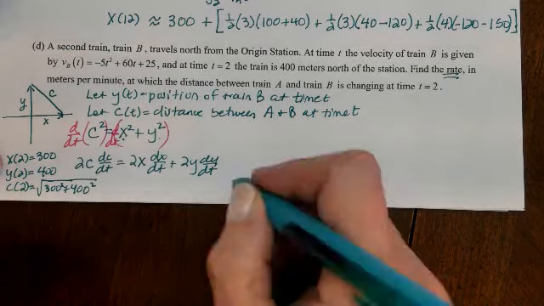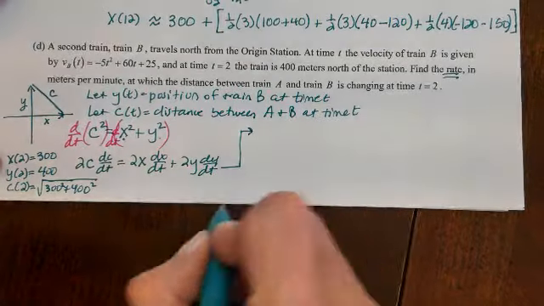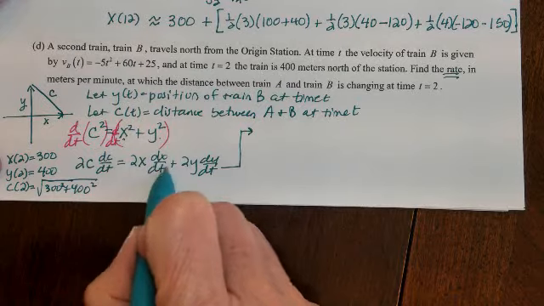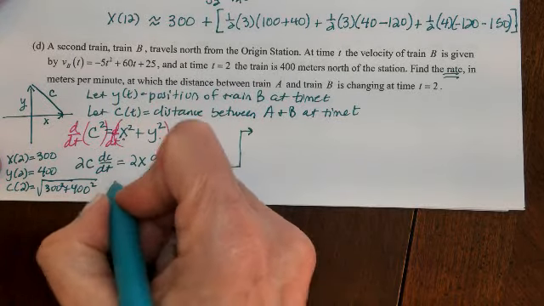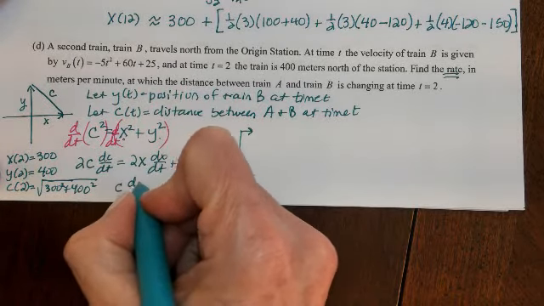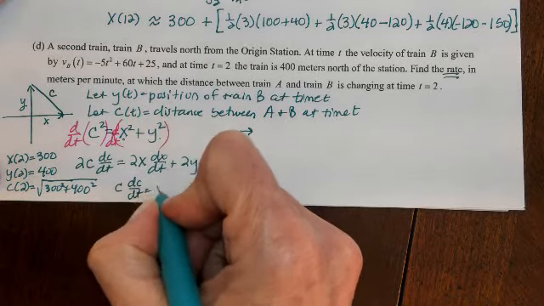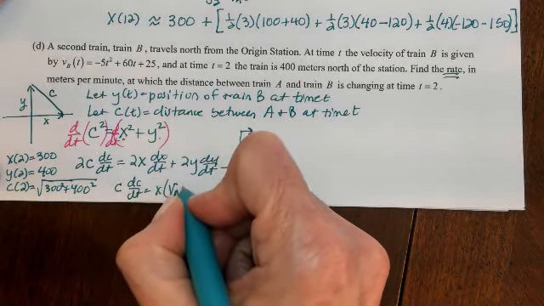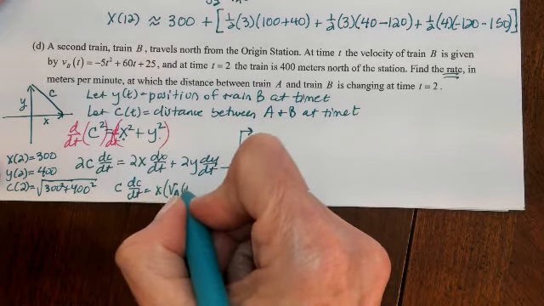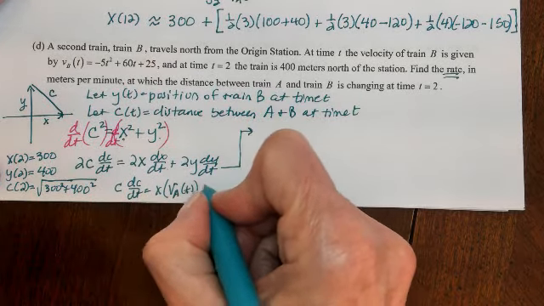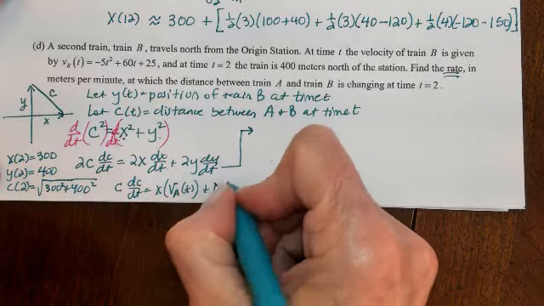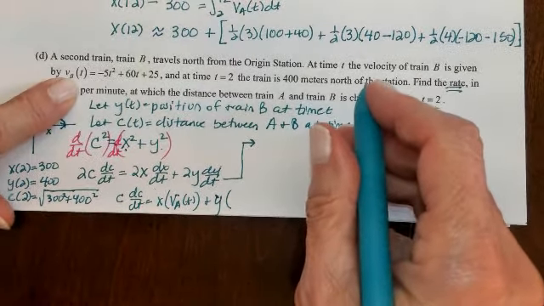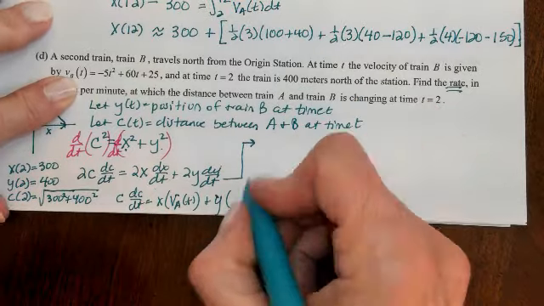That's all at time 2. Now, dx/dt is the velocity of train A at t. And dy/dt is the velocity of train B at t.